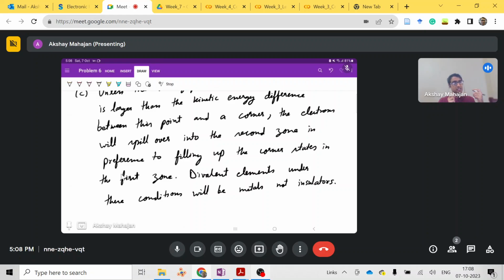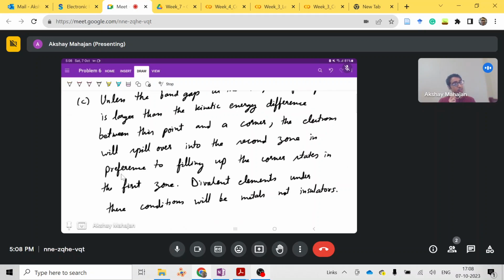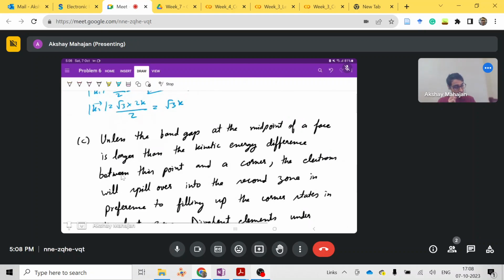Because the kinetic energy at the corner is quite high, in preference to that, the electrons will spill over into the second zone, and because of this, divalent elements, if the band gap is not large enough, will be metals, not insulators, under these conditions. Alright.